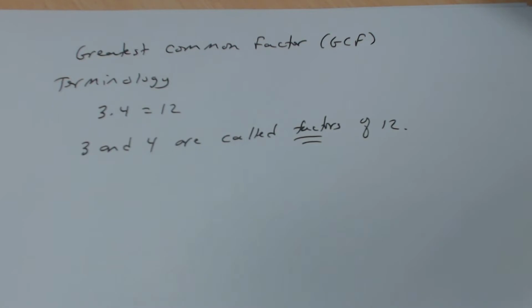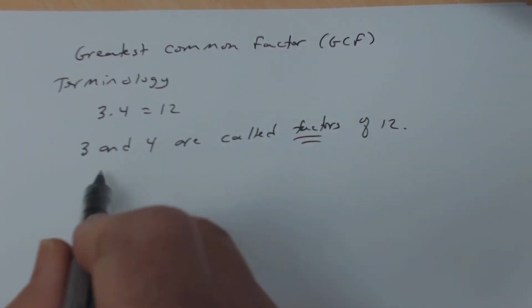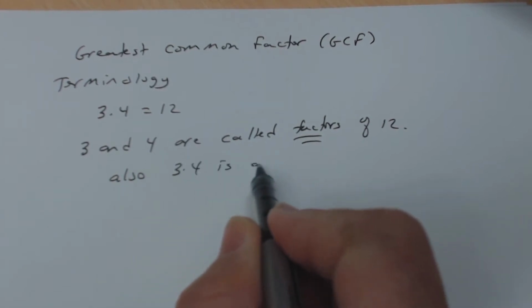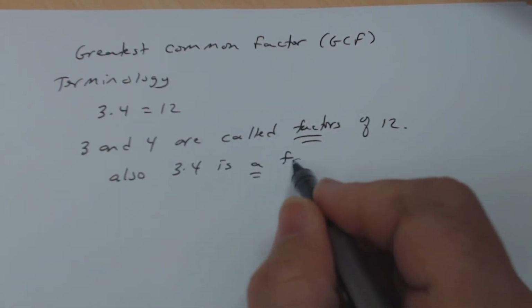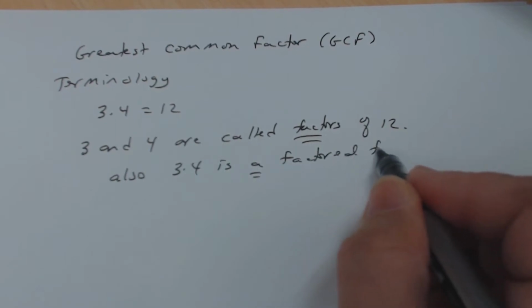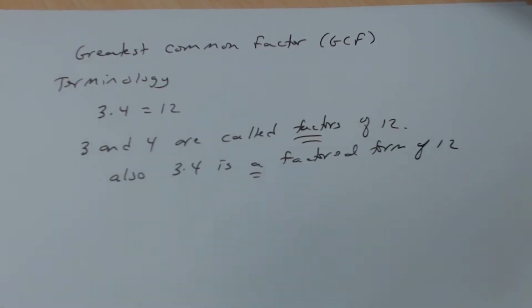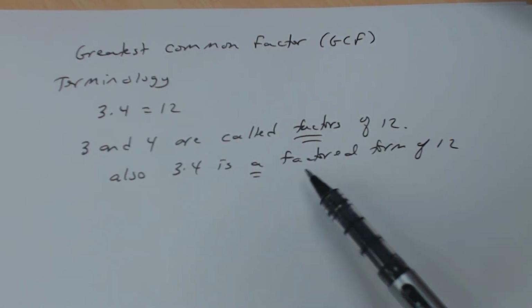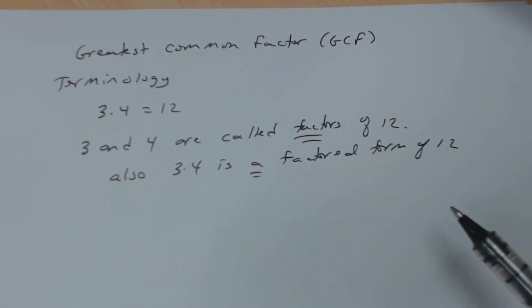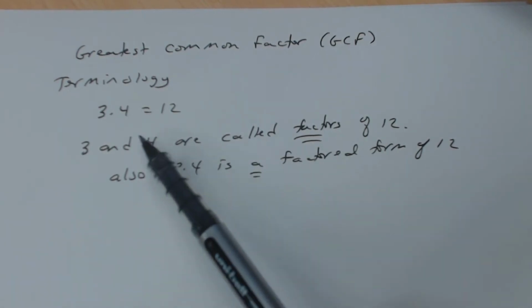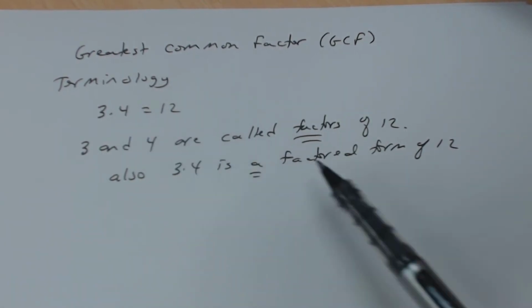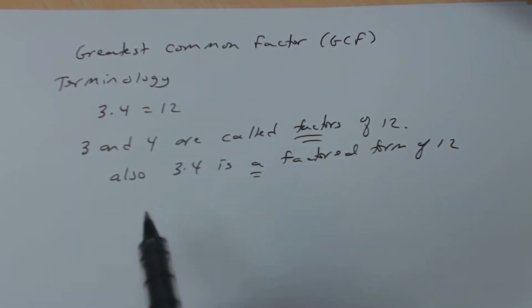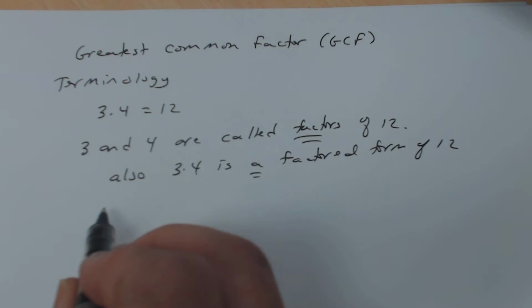a remainder of 0. Also, 3 times 4 is a factored form of 12. In this chapter, you're going to be writing factored forms of polynomials. The same idea applies with integers and polynomials, the idea of factored form. So you want a product. Another factored form of 12 would be 6 and 2.